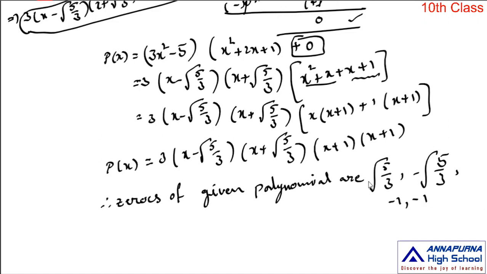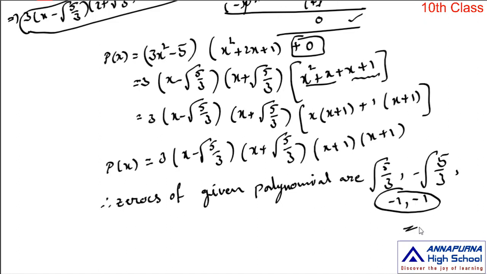Okay, so out of these 4 zeros, 2 are already given. Root 5 by 3 and minus root 5 by 3 are the zeros of the given polynomial, and the other 2 zeros are minus 1 and minus 1. So this is the third one. We find the remaining zeros of the given polynomial when we know some zeros.